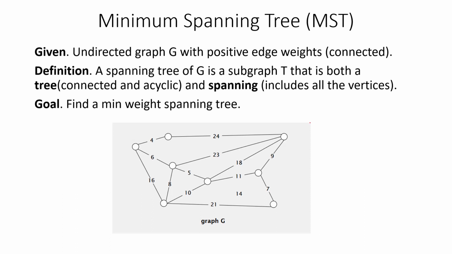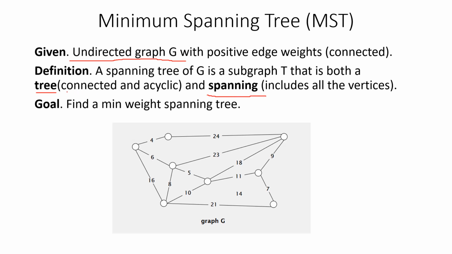A minimum spanning tree is a subgraph of some undirected graph, and that subgraph, or as we also call it, tree, is both a tree and spanning.